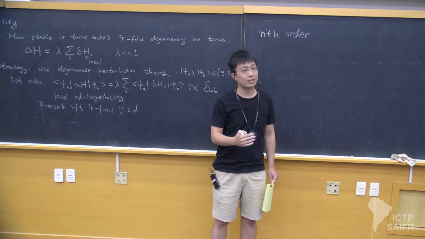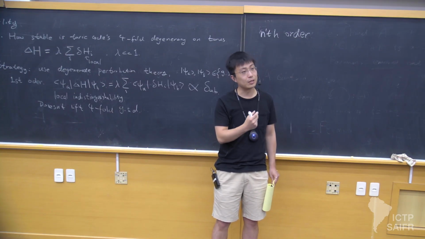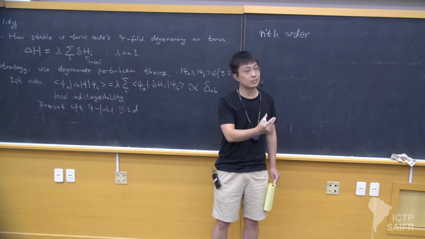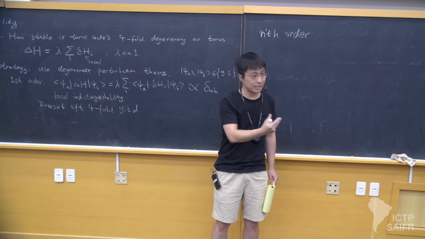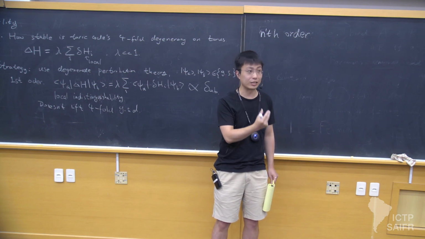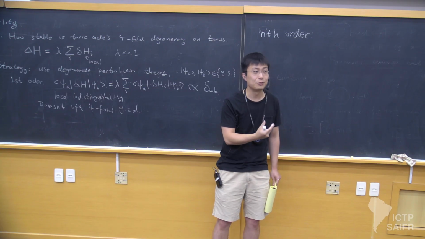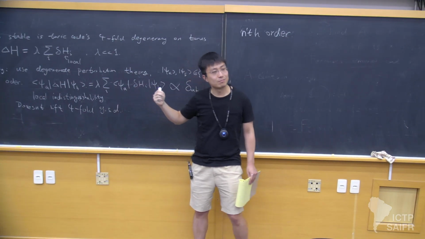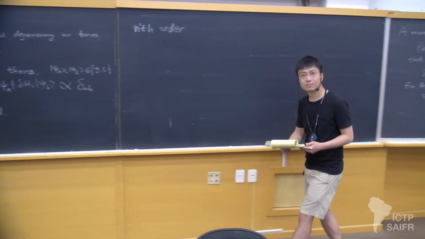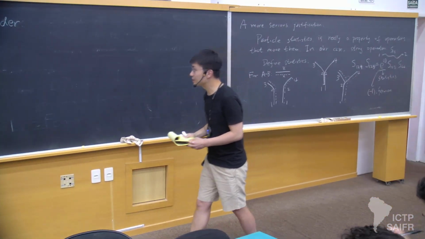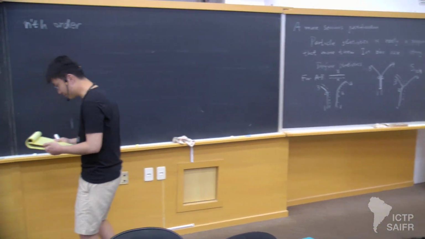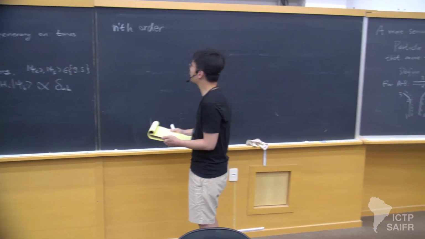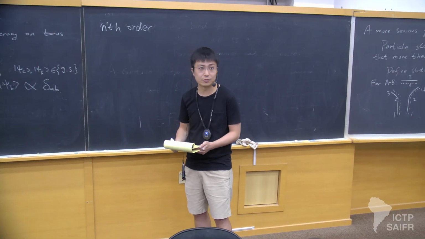But if that's the case, that means I can distinguish different states within this ground state manifold by measuring the expectation value of this operator, which violates local indistinguishability. Okay. So let's go to higher order. I say nth order because the logic will be the same for second order versus 100th order.